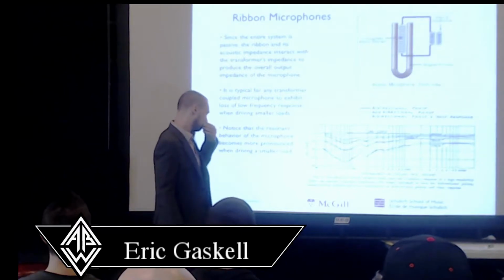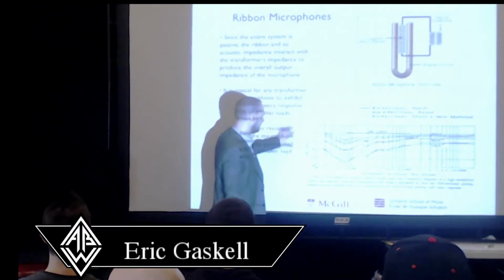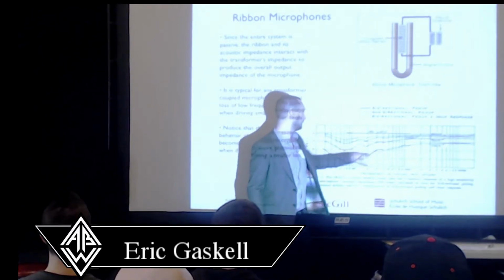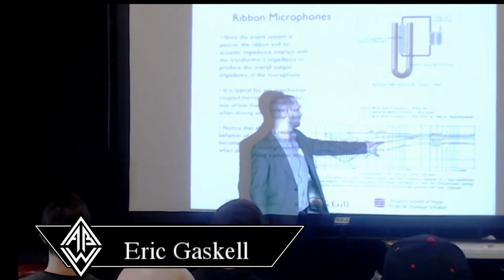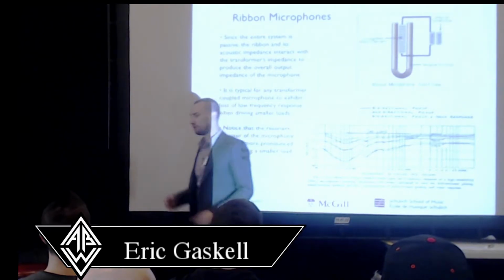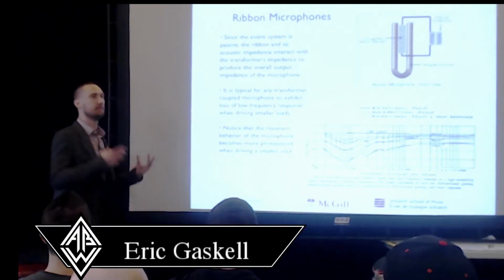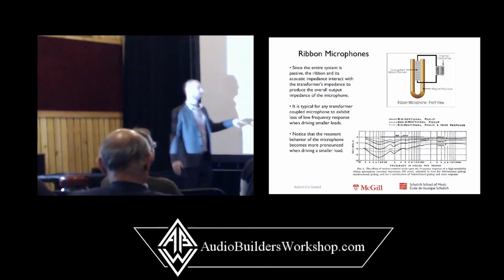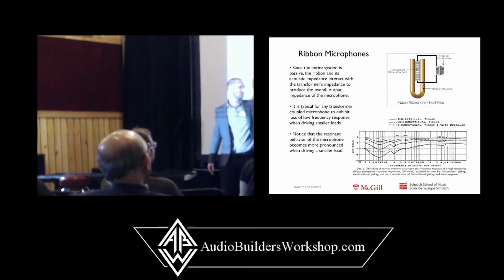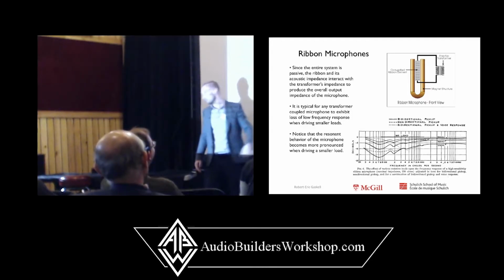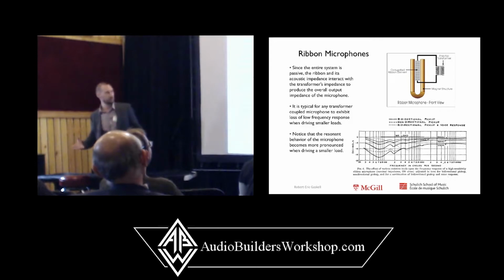So what we see here is some measurements of, I believe, a 44. I forget. I'd have to go back to the paper I pulled this from. And this would be the same microphone driving a 250 ohm input impedance, 700 ohm input impedance, 1500 ohm, and 3K input impedance. So as we increase the impedance that the microphone sees, the frequency response becomes flatter. This no load would be like an infinite input impedance.